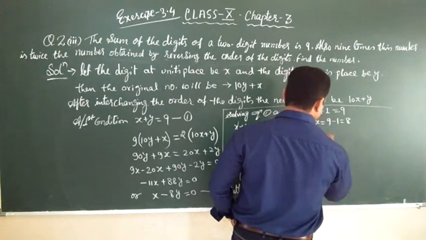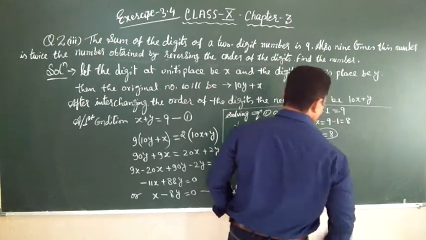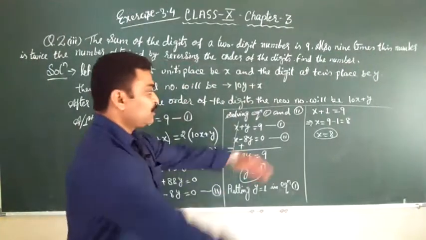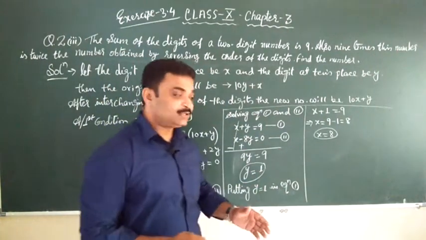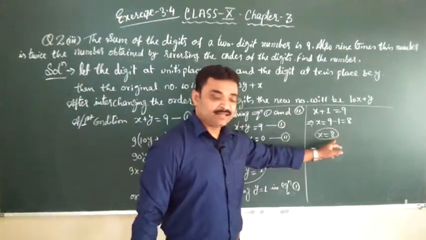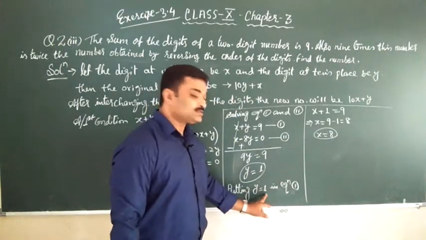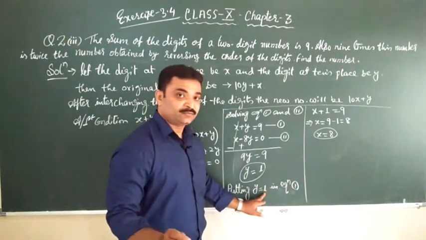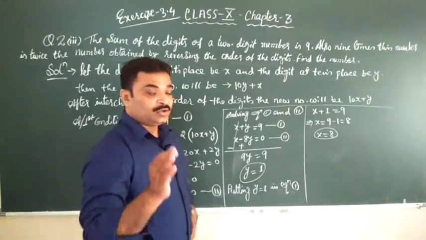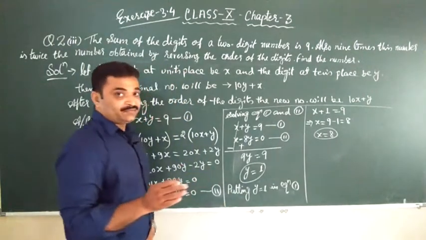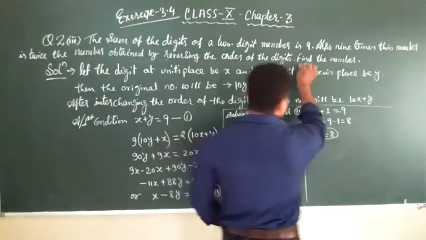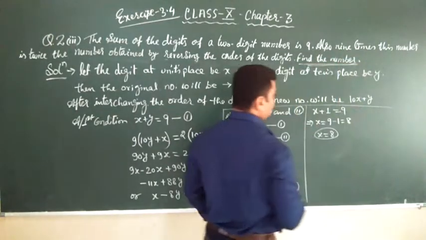So, x is equal to 8. See students, now we have the units digit, that is x is 8, and the tens digit, that is y is 1. Clear? So, we have to find the 2-digit number.